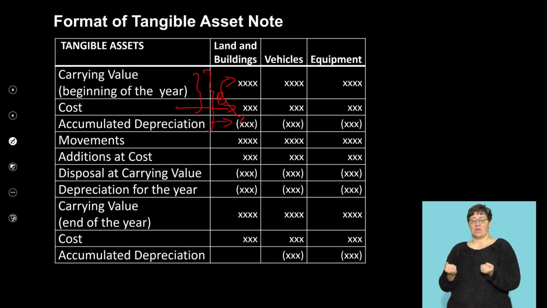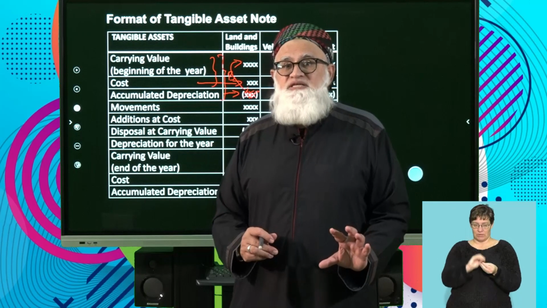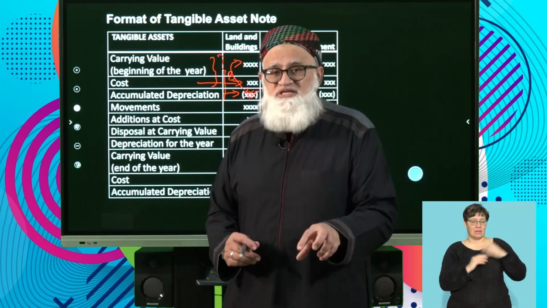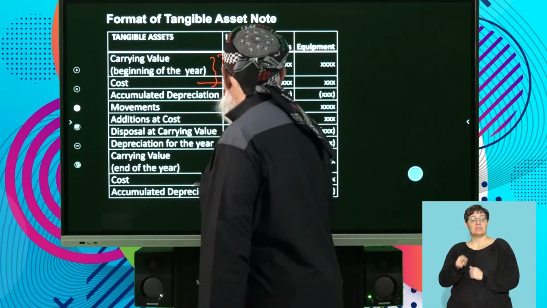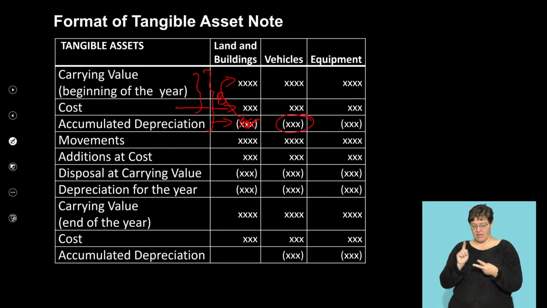So this would apply to all your vehicles and equipment, remembering that land and buildings do not have accumulated depreciation. We know that for a fact, land and buildings do not depreciate. Therefore, there's no accumulated depreciation for land and buildings, but it is applicable to my vehicles and my equipment.